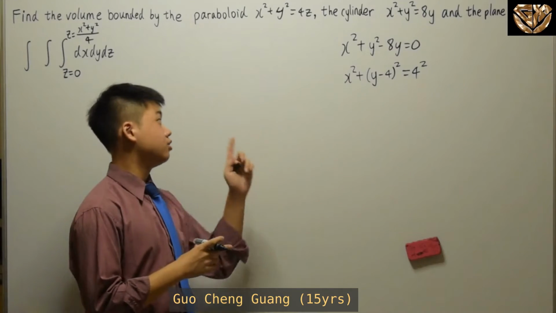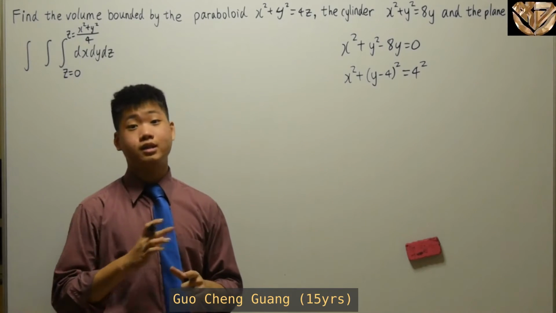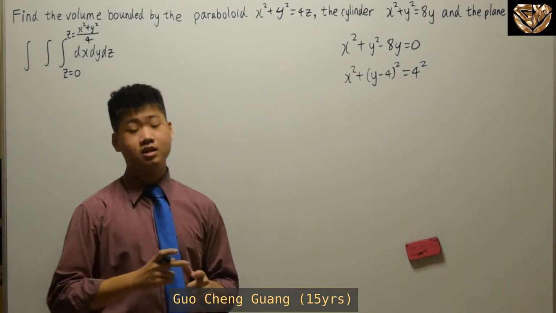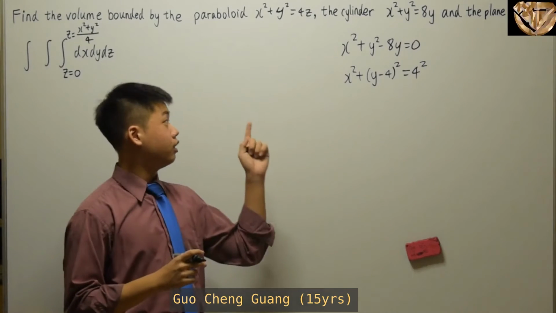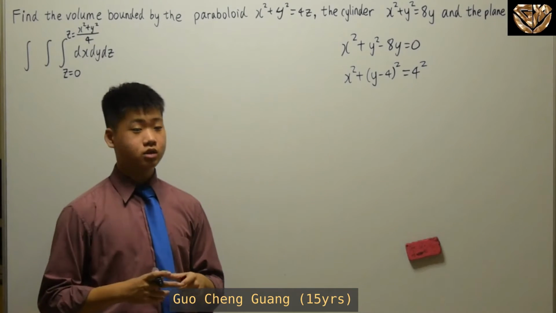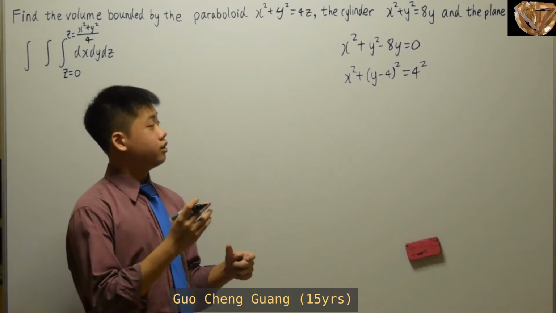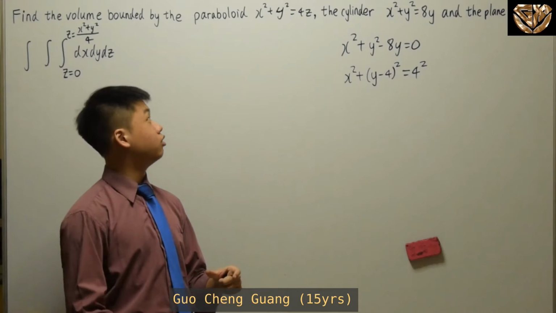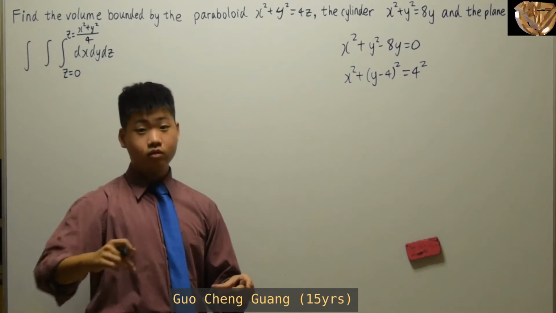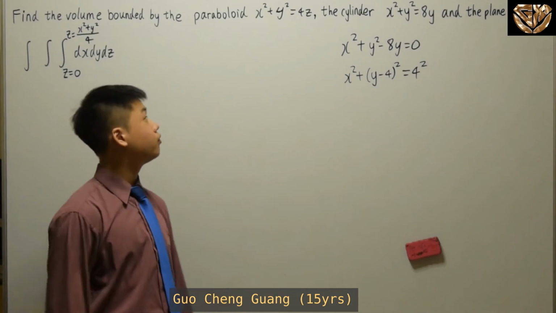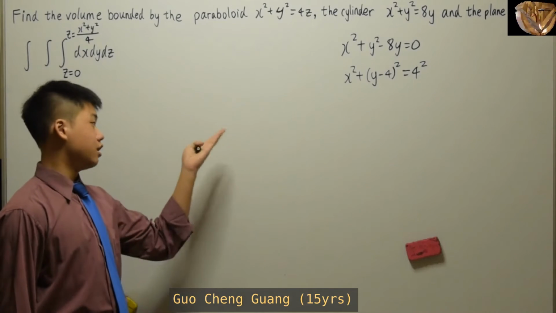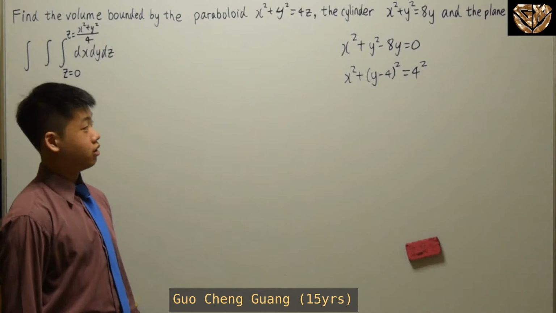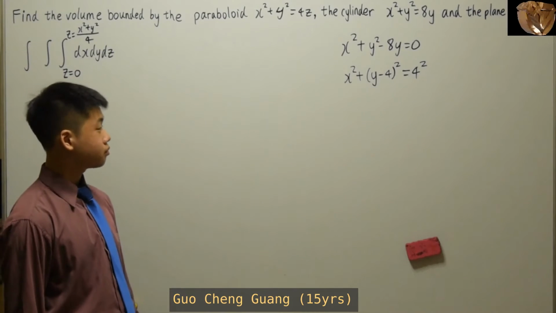If you realize, you have the cylinder, which is purely in x and y, and that determines the boundary for x and y. So you just have z increasing from 0 to the paraboloid within the cylinder. Of course, then we'll have to take a look at how to solve for this cylinder.